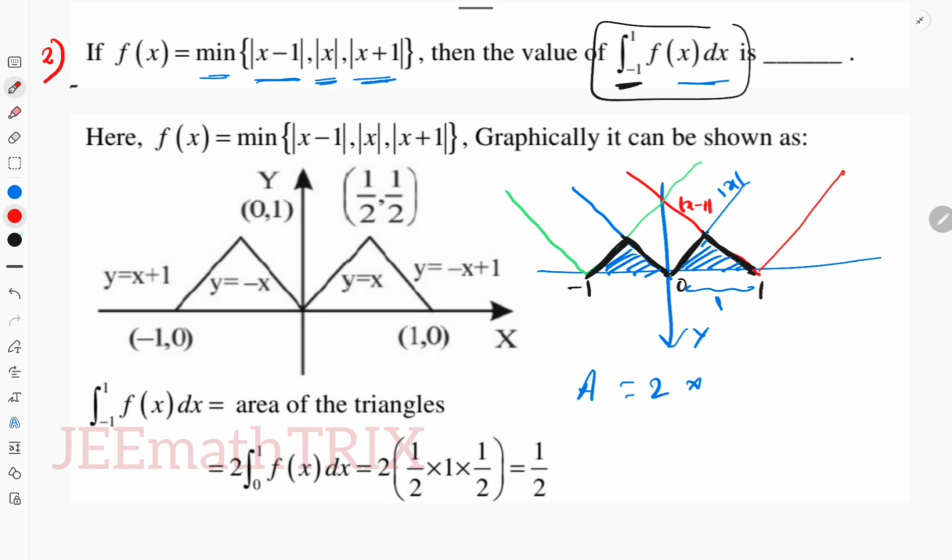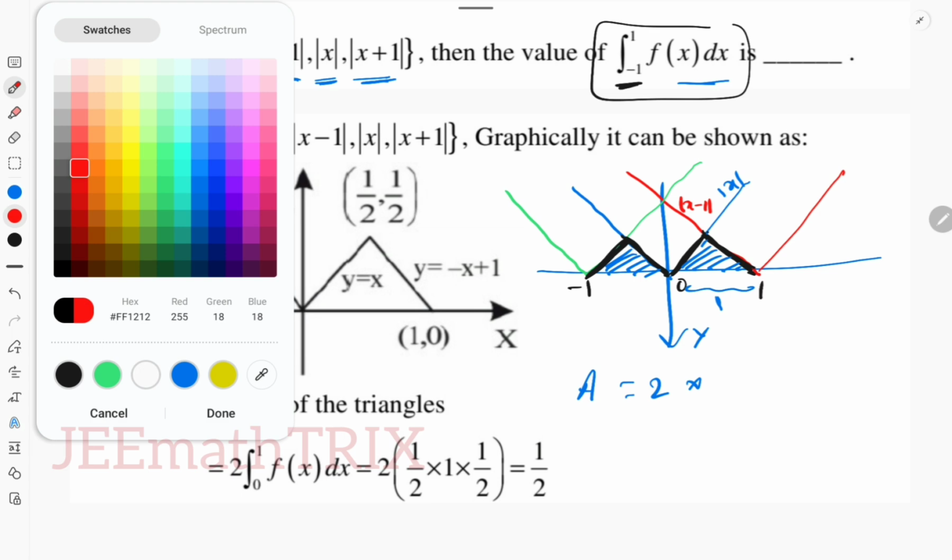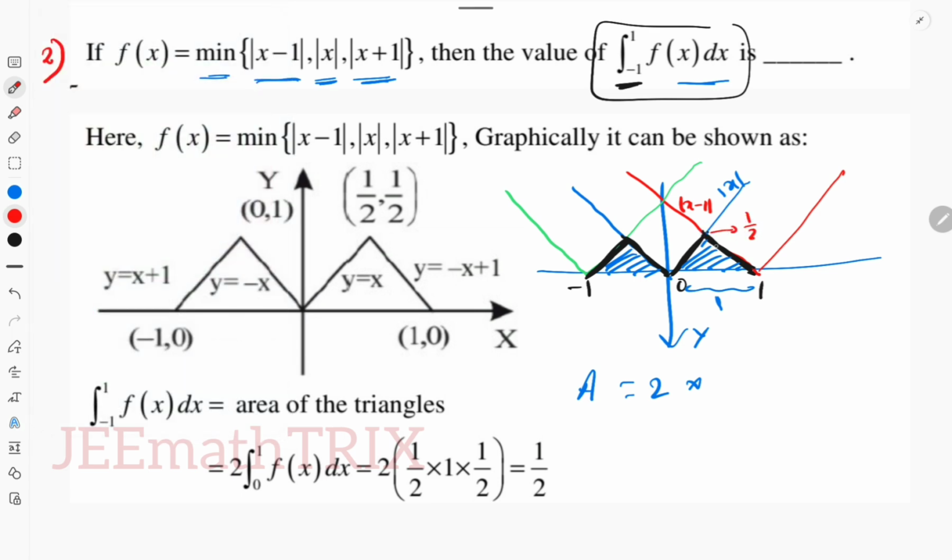If you equate them, if you solve them, you will be getting 1 by 2. So you'll be getting this point as 1 by 2 comma 1 by 2, so the height is also 1 by 2. So half base is 1, and the height is 1 by 2. So this comes out to 1 by 2.